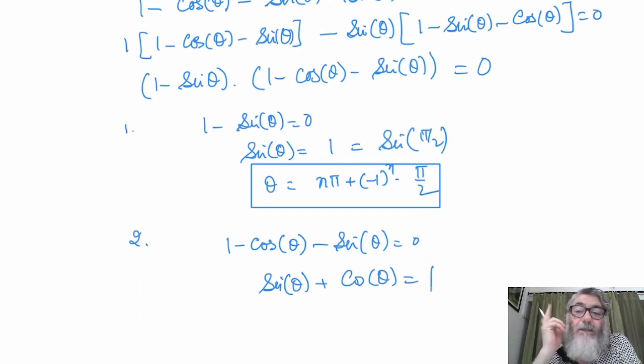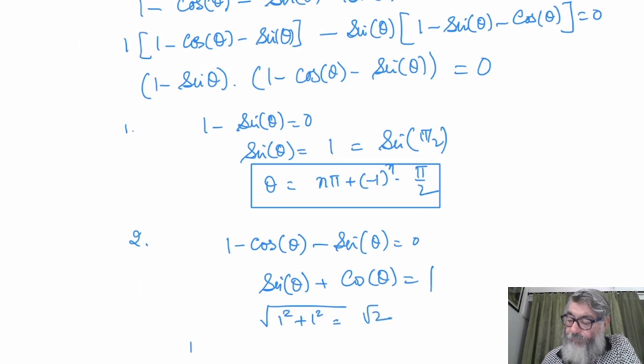Again, this has come to the form of the first question, where we have the coefficient of sine theta is 1, coefficient of cos theta is 1. So we will take under root 1, we'll divide the whole thing by under root 1 square plus 1 square. Under root 1 square plus 1 square, that is under root 2.